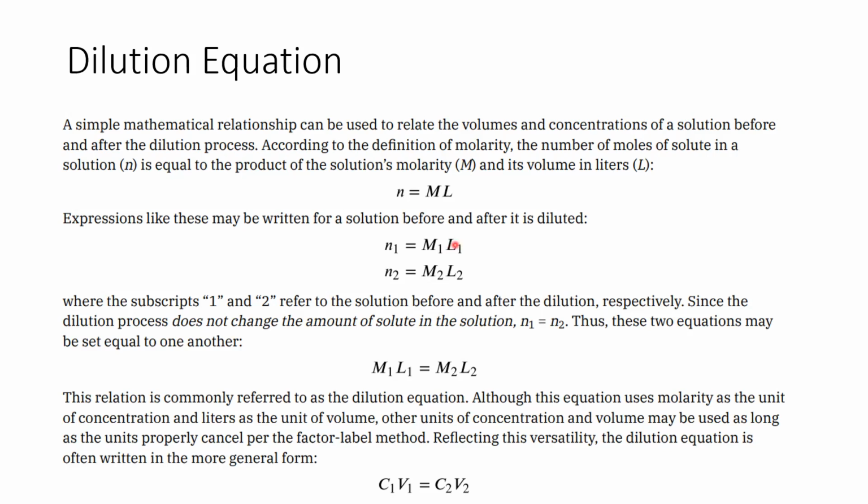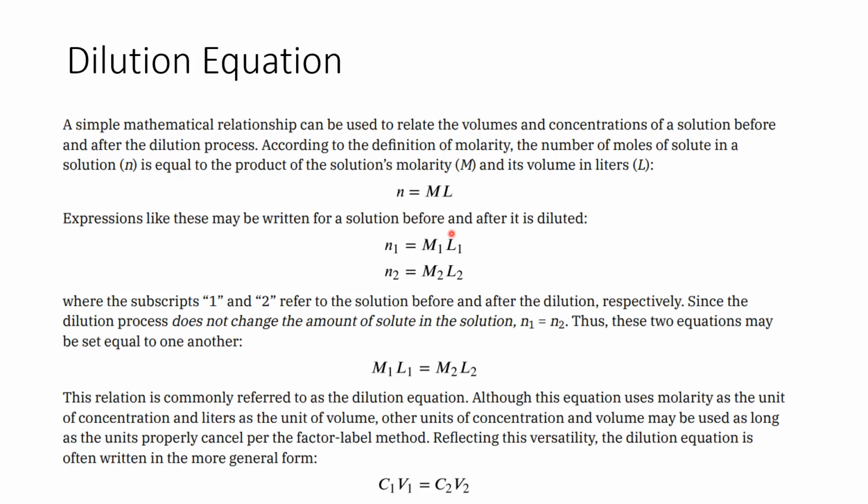And then what's occurring with the dilution is then we're just adding water to that stock solution. So we're increasing the volume, L2, while decreasing the molarity, M2. But because we're not actually changing anything about the number of moles of solute in that solution, what we actually have is N1 and N2 being equal. They're not changing at all.